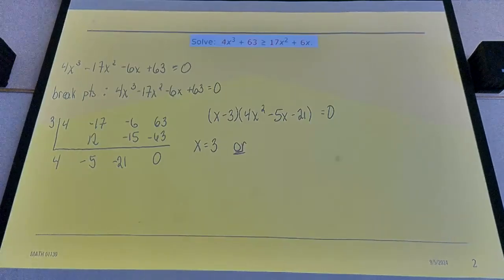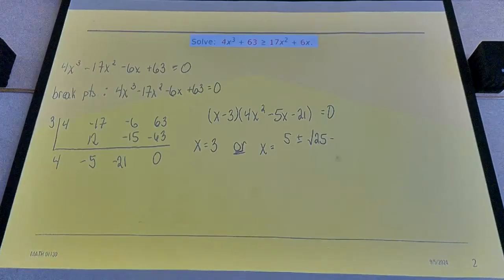I don't think so. Means we have to use quadratic formula. -b plus or minus the square root of b squared minus 4ac.